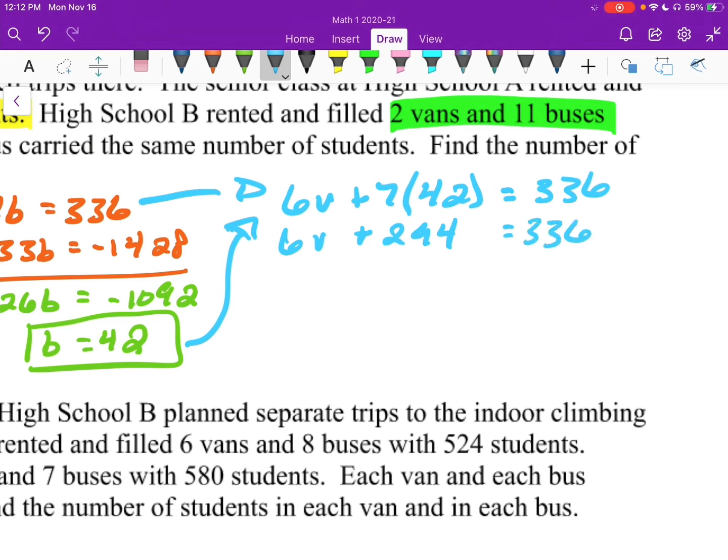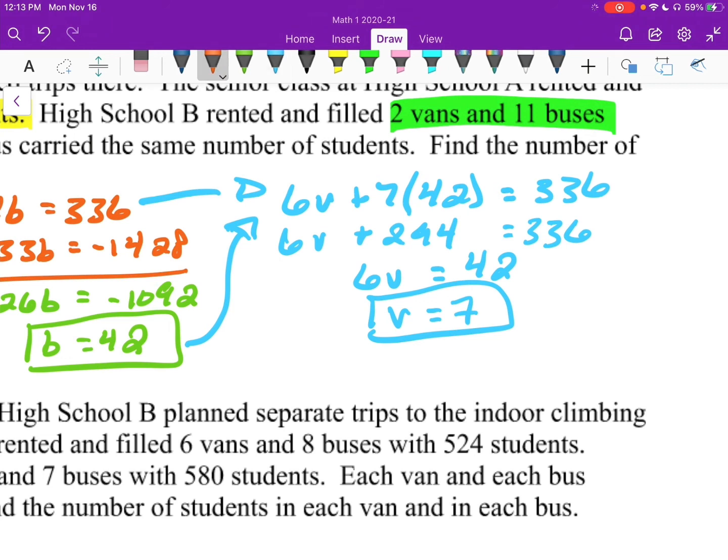I'll take 336 minus 294, and I get, well, 6v is 42. I'll divide by 6, and I get v equals 7. So 7 people ride in a van, and 42 people ride in a bus.